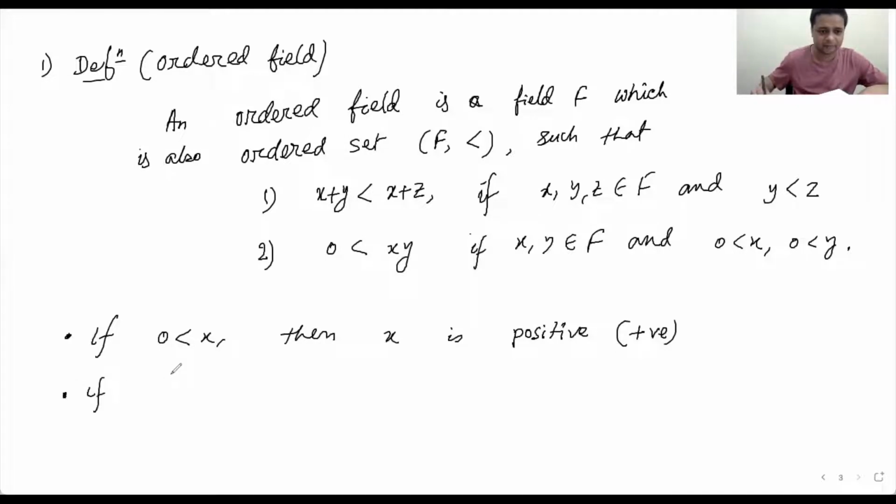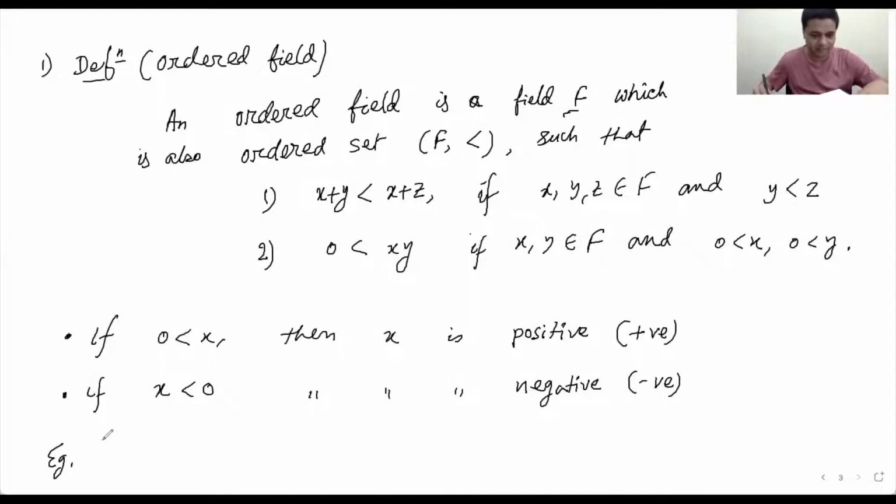And if x less than 0, then x is called negative. Here 0 is the additive identity of the field F. For example, Q, the set of all rationals, is an ordered field.